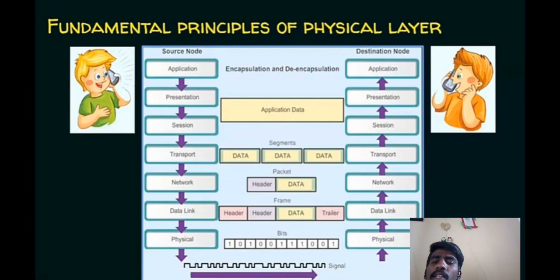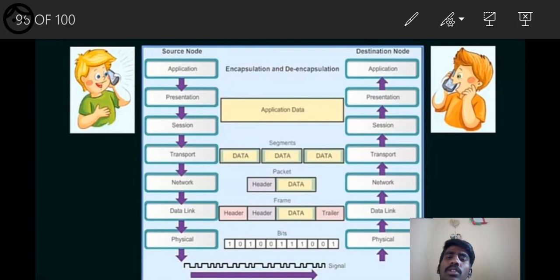So these signals go to the receiver's physical layer, where these signals are converted to bits again. Thereafter at the data link layer they are converted to frames, at the network layer to packets, at the transport layer to segments. Thereafter at the session layer the segments get together and form a unique part.